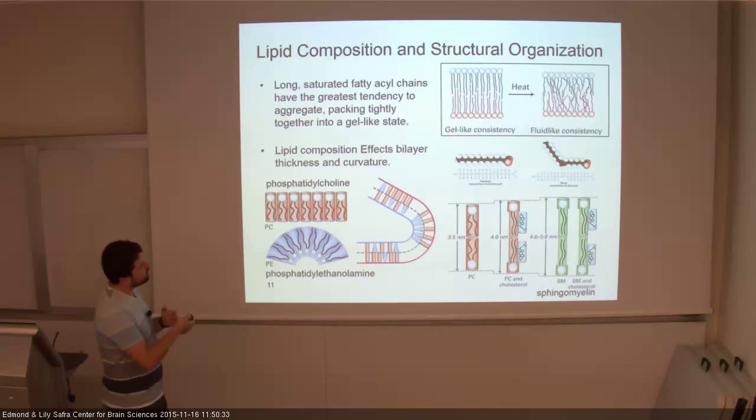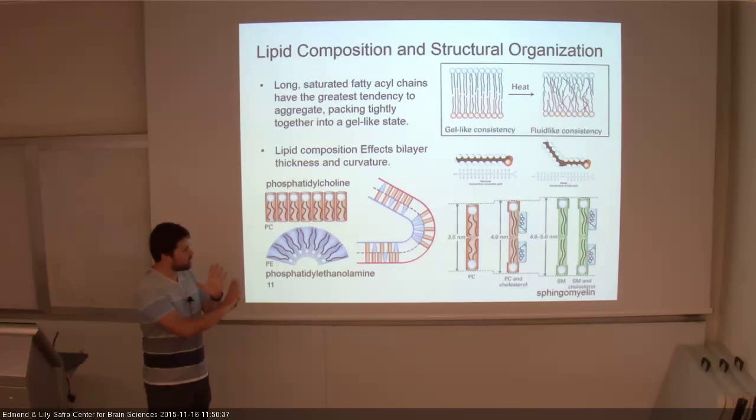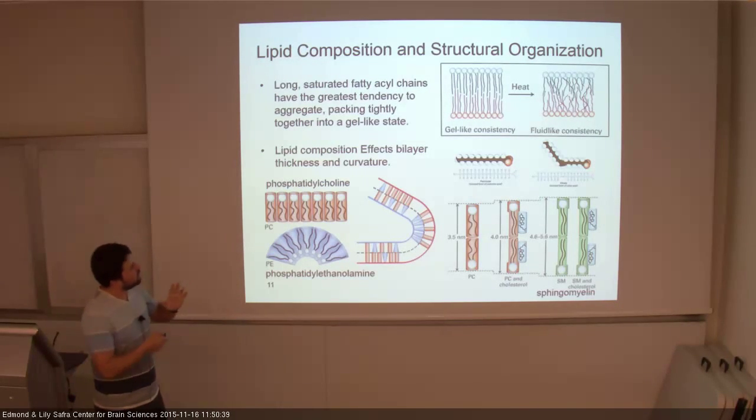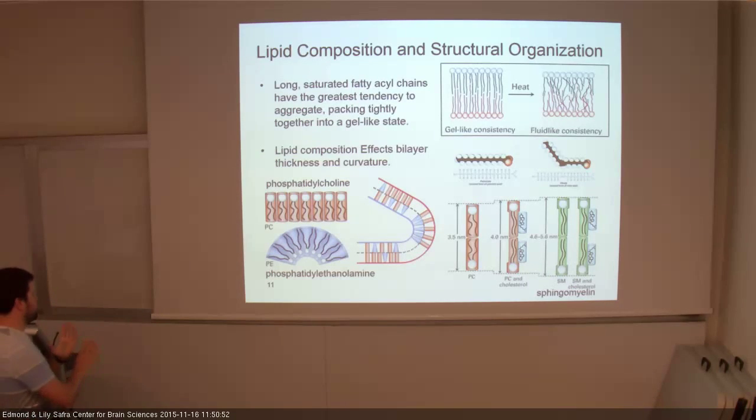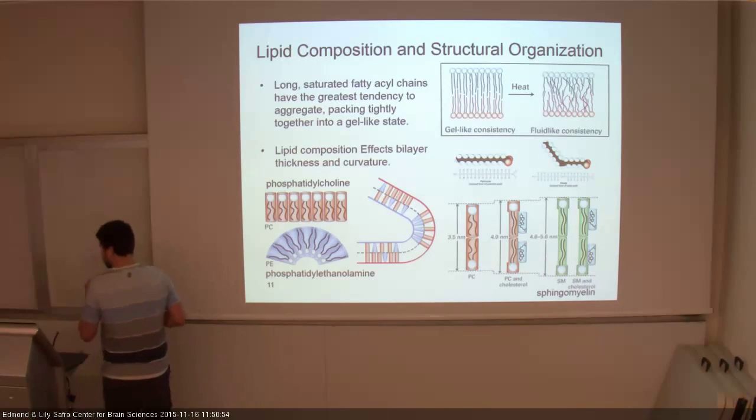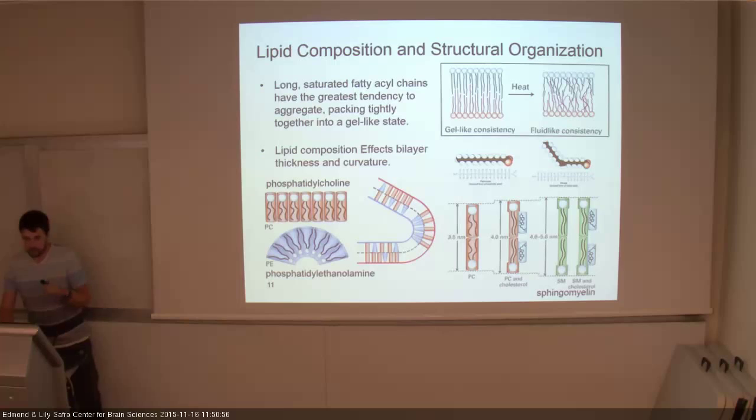Then if you add cholesterol to this organization, the cholesterol will actually break a little bit of the associations between the lipids themselves, and thus create a more fluid-like consistency. So the cholesterol is very important in order to control and regulate the fluidity of the membrane.